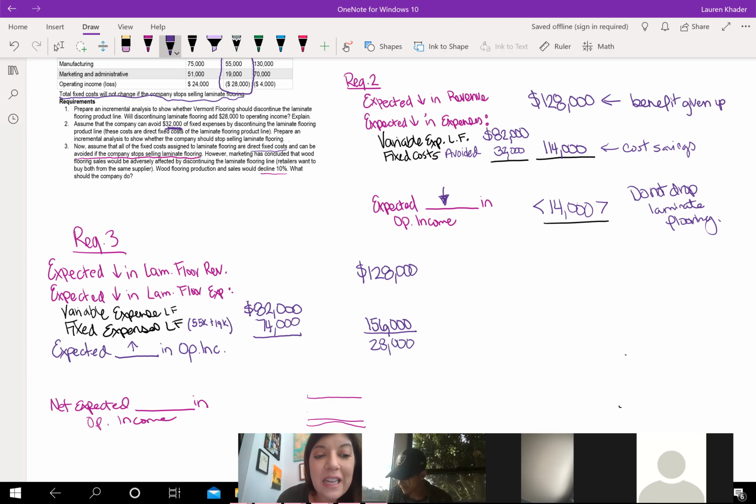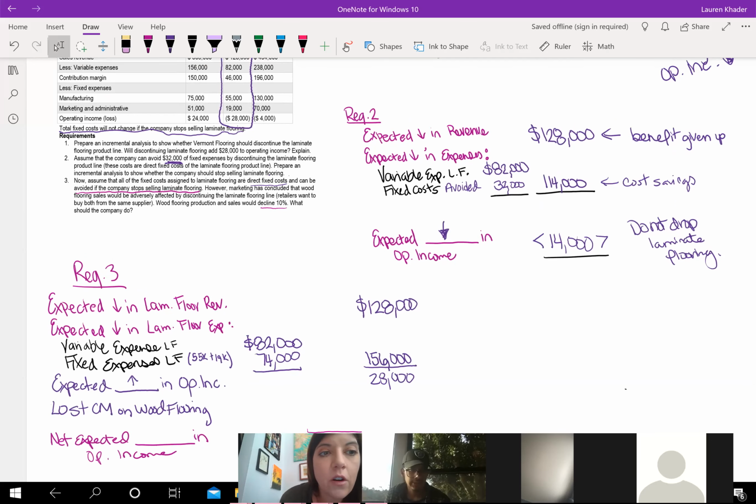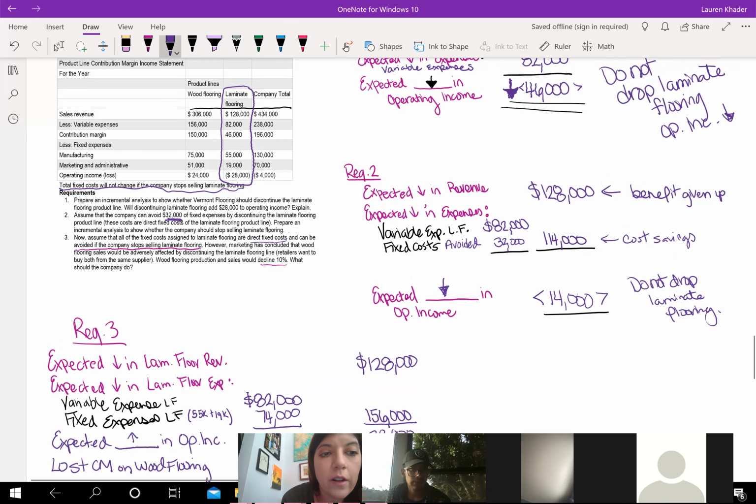But we're not done here because we have lost contribution margin on wood flooring, the other product line. So we're going to lose 10% of the contribution margin from the wood flooring line, which is 150,000.